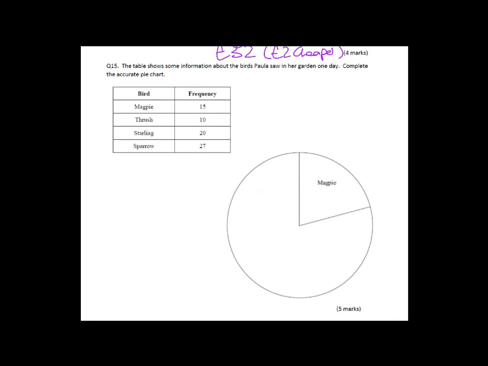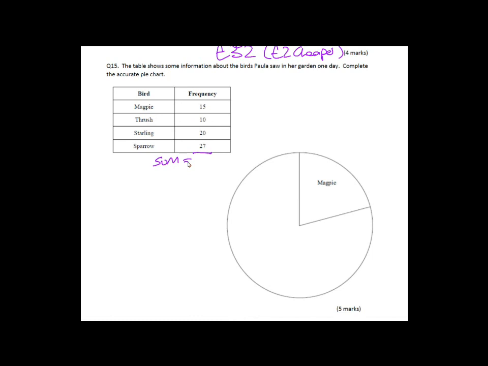Question 15. The table shows some information about the birds Paula saw in her garden one day. Complete the accurate pie chart. So the pie chart's already been partially drawn for us, and we can see that there's the magpie there. What we need to do is work out the total number of birds going into the pie chart, i.e. 360.